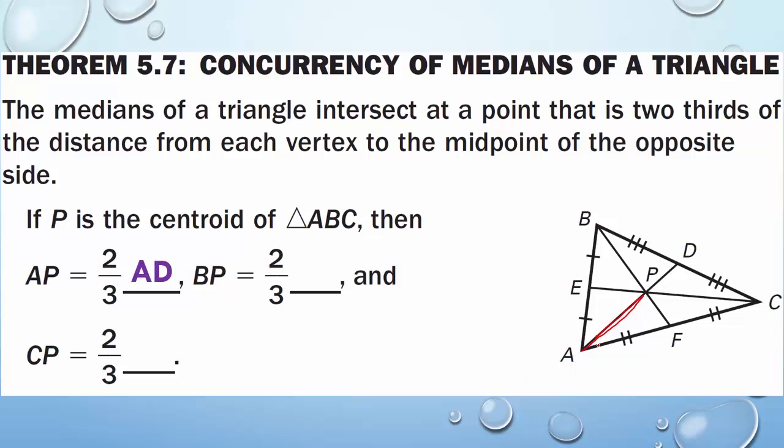So AP is 2/3 of AD. And we can say the same thing about line BP. Line BP is 2/3 of the entire length of BF, and CP is 2/3 of the entire length of CE.